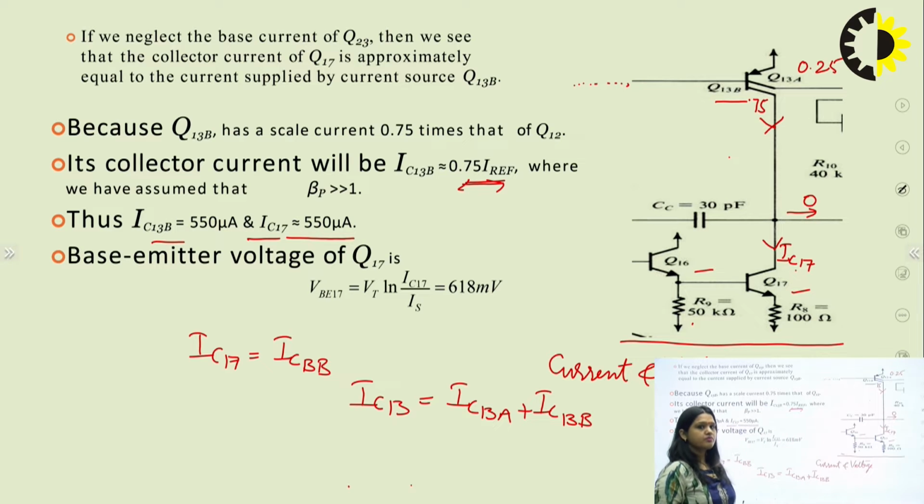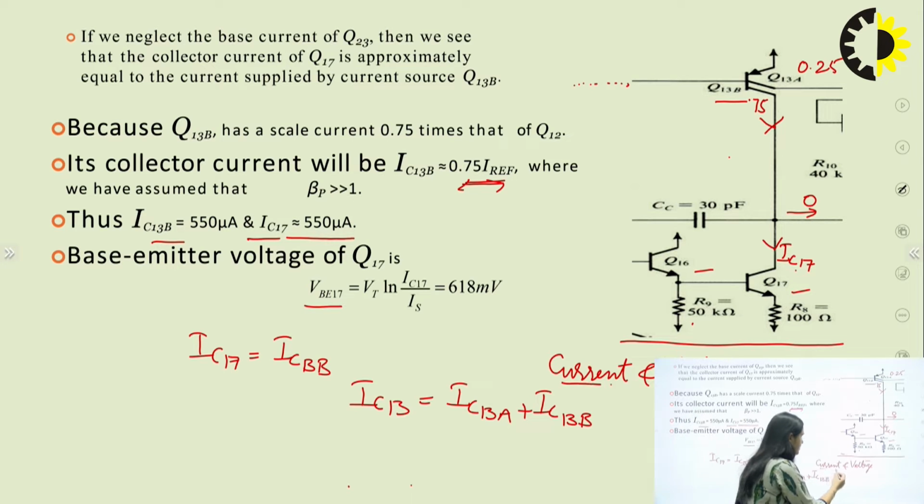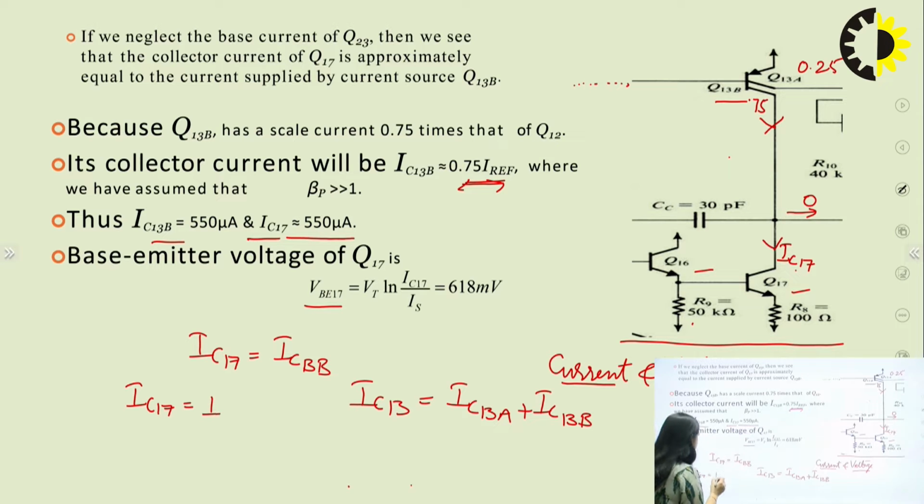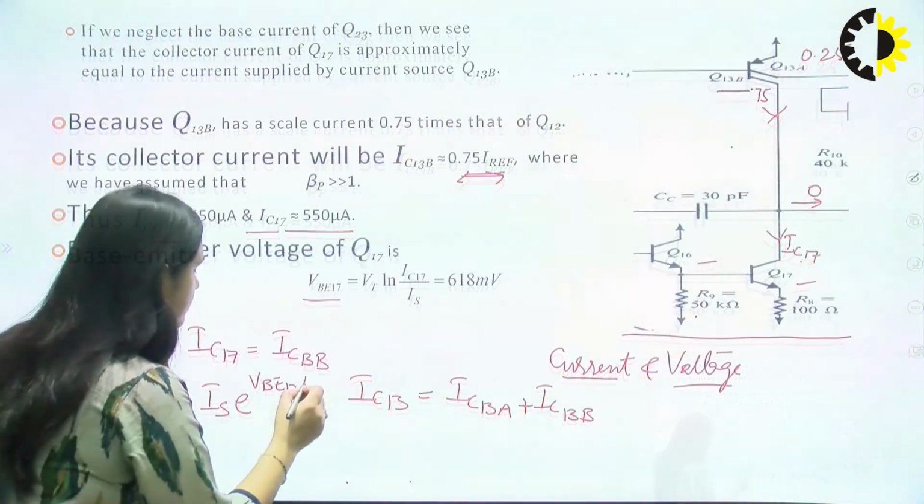Now we have to calculate the value of VBE17, because we have to calculate DC currents and DC voltages. To calculate VBE17, we can use the formula, because we know the value of IC17. From the transistor current equation, IC17 is equal to IS e to the power VBE17 by VT.